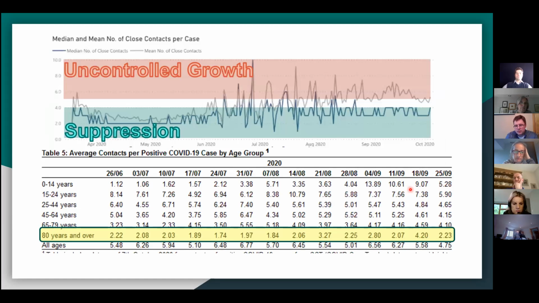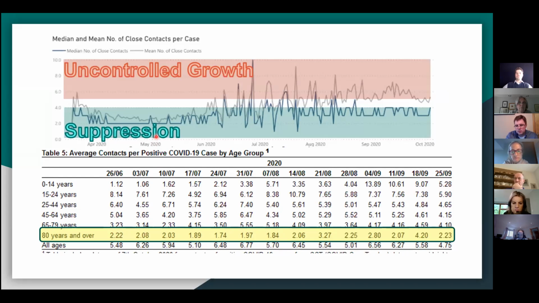Forgetting about the maths of it, the idea of shielding is also pretty cruel. If you look at what's going on in Ireland, the over 80s who are getting infected are only meeting 2 people as close contacts, over a 3-day period. That's not in any way an equitable or a good lifestyle for them to be having, so it's something that we really want to try and break down.